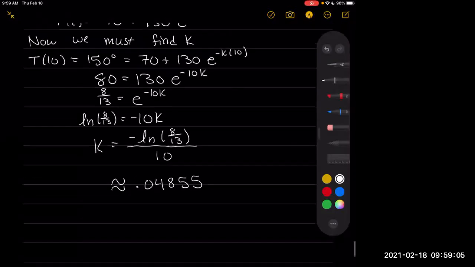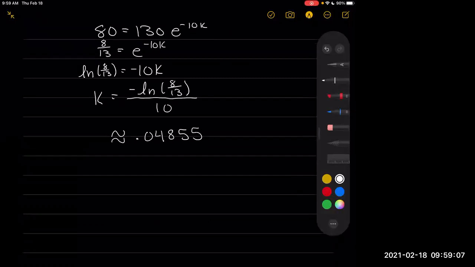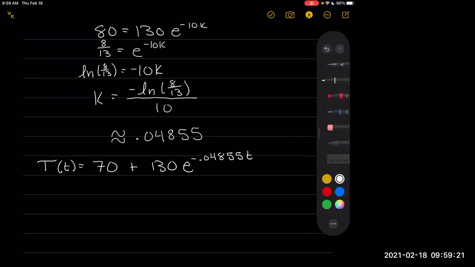So that means our model is T of t equals 70 plus 130 e to the minus 0.04855 t. So now we're going to move on to B.